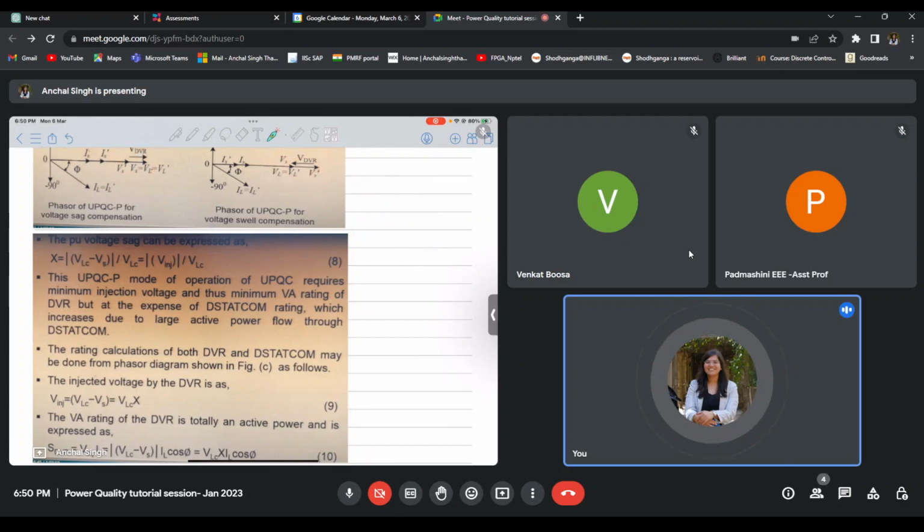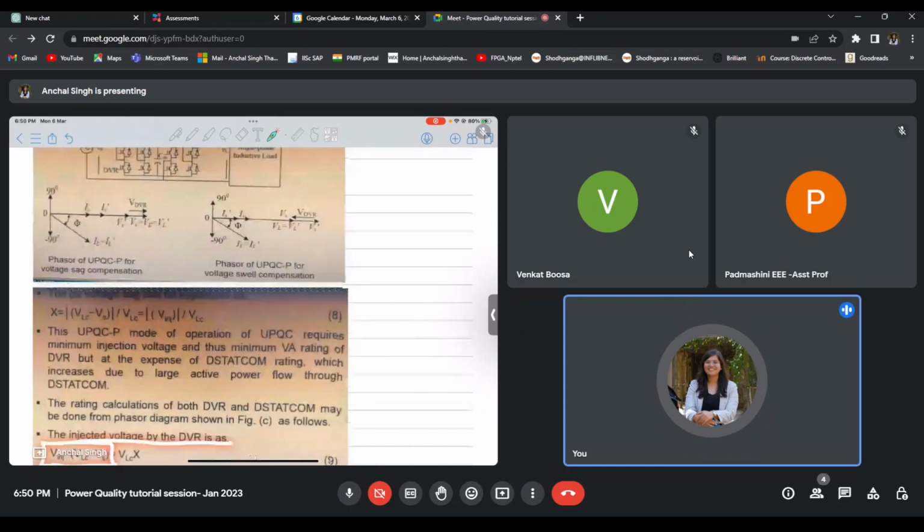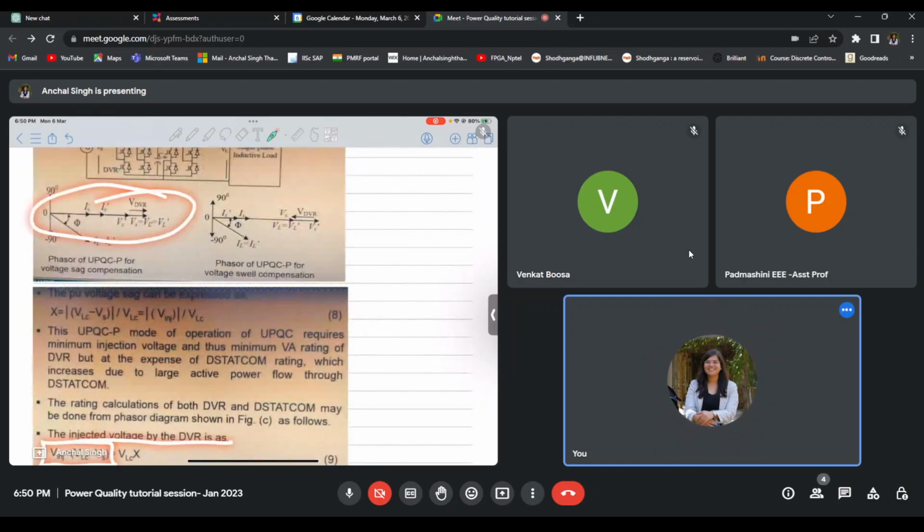So X can be defined as this: the difference between the load and source voltage, as a ratio with respect to the load voltage that we desire. So X is again our percentage sag or swell. Now we know that the injected voltage by the DVR can be directly put as the difference between the two, because it is very clear from the phasor, since we are just putting the DVR voltage in phase or out of phase.